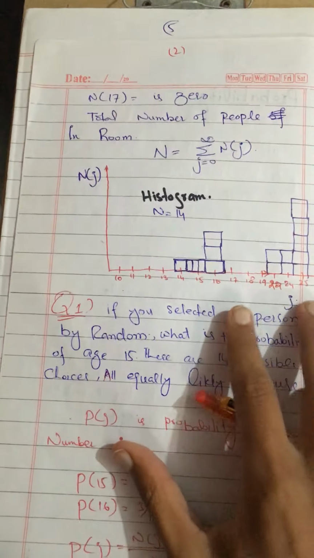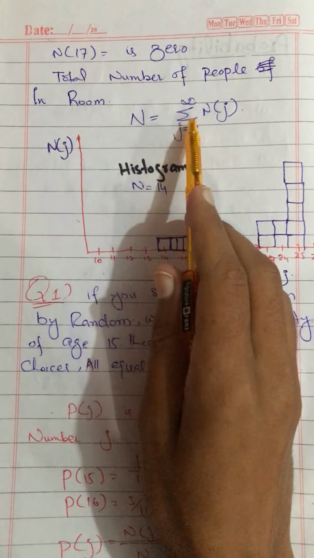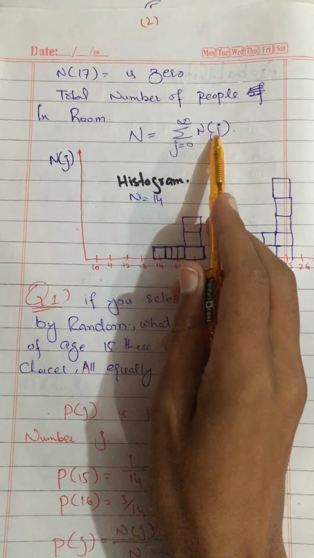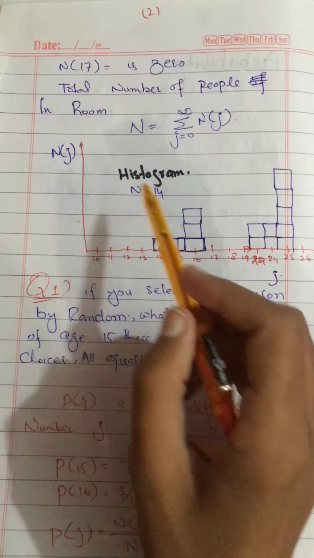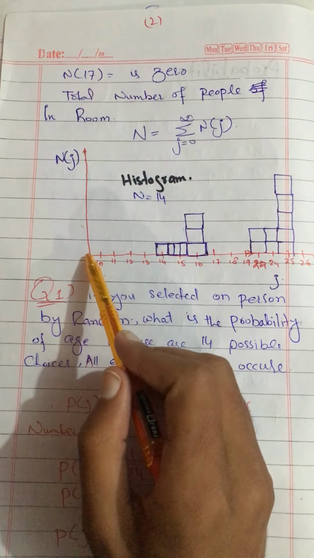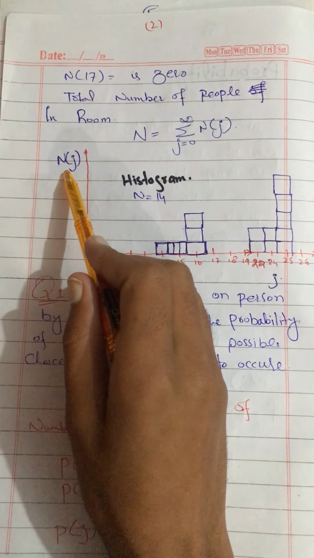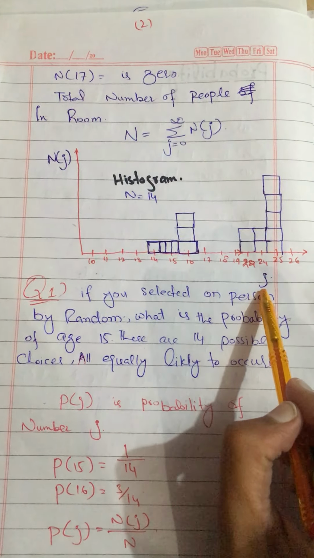Now the total number of people in the room: if we sum all of the numbers of the different ages, we will get the total number of people in the room. This is the histogram of that concept. On the y-axis we take the number and on the x-axis we take the age.